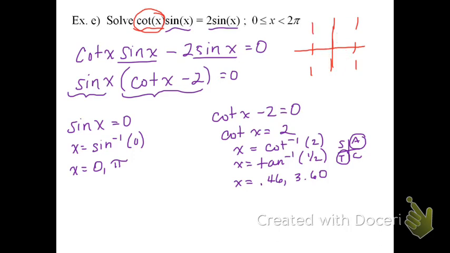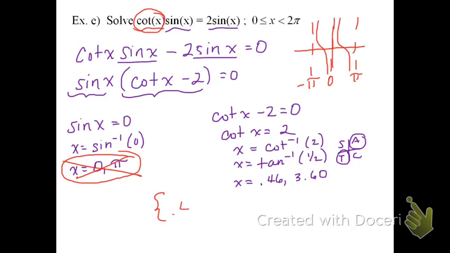Here are our vertical asymptotes, and the graph does something like this. There we go. And remember, our asymptotes are at 0, pi, negative pi. So these solutions that we got from our mini equation for the sine of x are generating extraneous solutions. I want to throw those out of my solution set. My only good solutions then are the radians of 0.46 and 3.60.